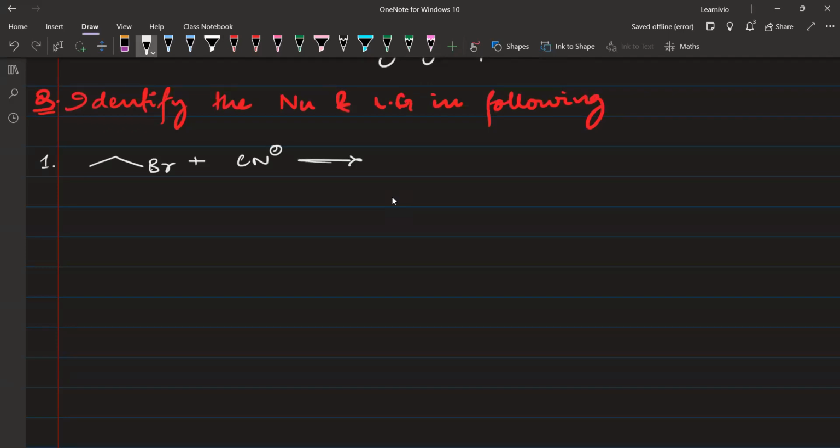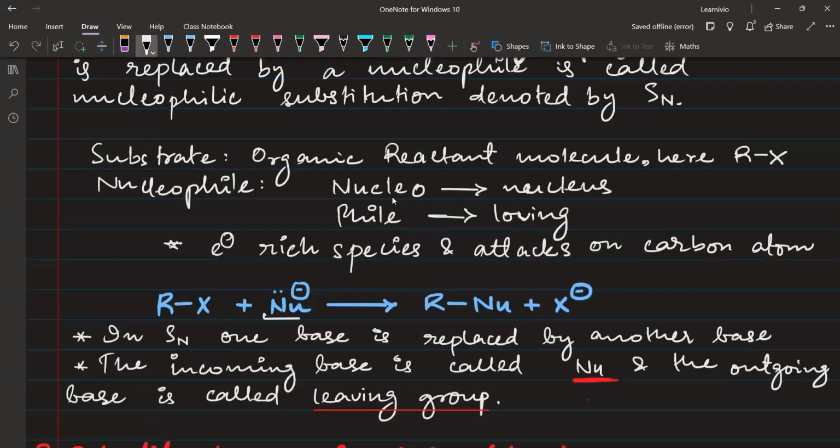I'm giving you the complete reactions. ठीक है ना? देखिए, this will be the nucleophile and this will be the leaving group.